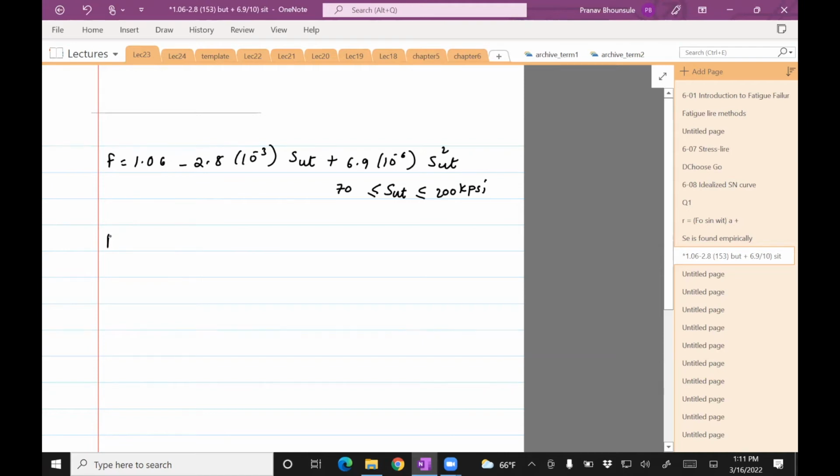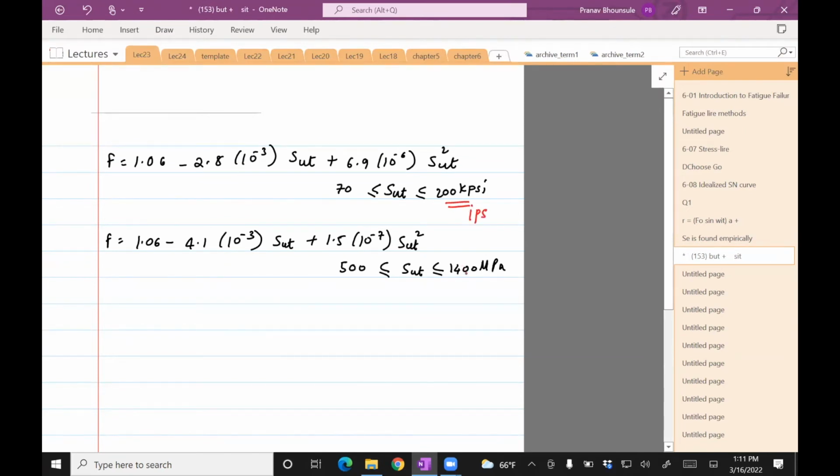And for SI, we have a formula as 1.06 minus 4.1 times 10 raised to negative 3 SUT plus 1.5 times 10 raised to negative 7 SUT square, and this holds for 500 to 1400 megapascals. This is IPS. This is in SI.